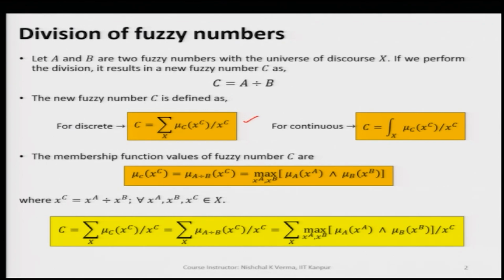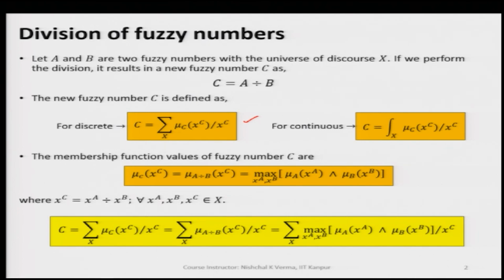When we are dealing with discrete fuzzy numbers, we use the formula for division as C is equal to summation of all the elements, that means mu C of x C over x C, over the universe of discourse capital X.